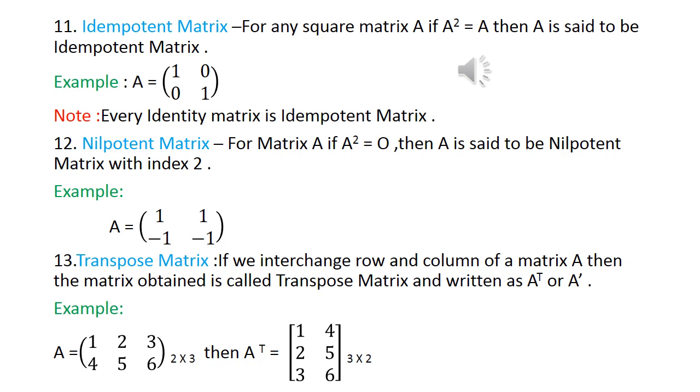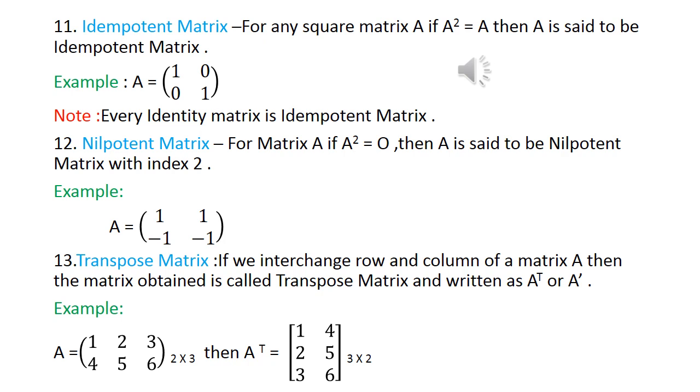If we change row to column, meaning we write 1, 2, 3 in first column and 4, 5, 6 in second column, then we get a matrix of order 3 cross 2 and that is the transpose matrix of A and we represent it as A^T.